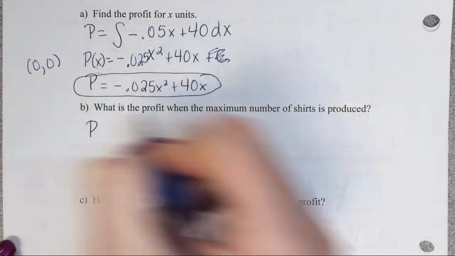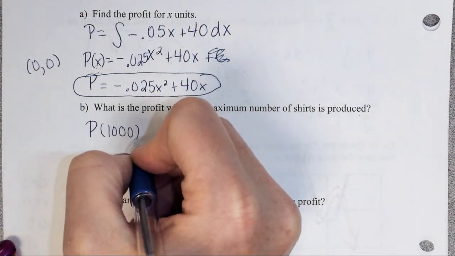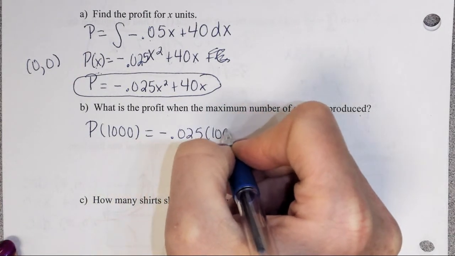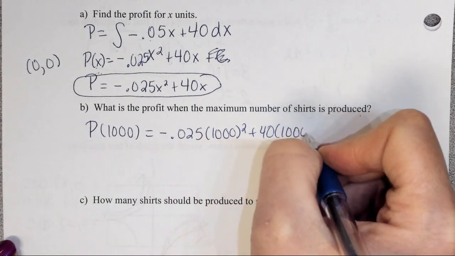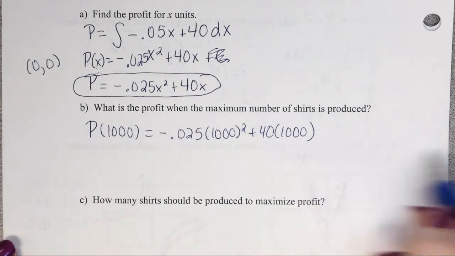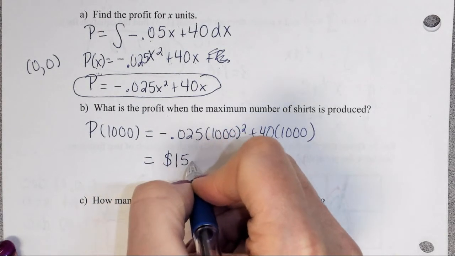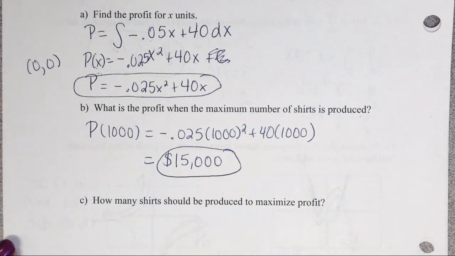So the profit, if they make the 1,000, we would just plug in 1,000. If I plug this into my calculator, I get 15,000. That's what their profit's going to be if they produce 1,000 shirts.